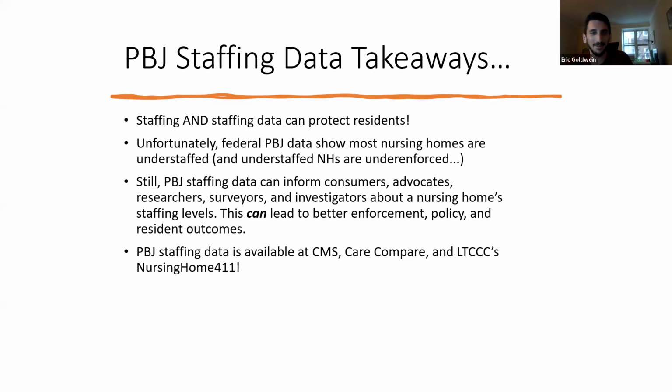These data can still inform consumers, advocates, researchers, hopefully surveyors and investigators about a nursing home's staffing levels, and hopefully, ultimately, this can lead to better enforcement and better resident outcomes. And these data are available at CMS, Care Compare, and LTCCC's Nursing Home 411.